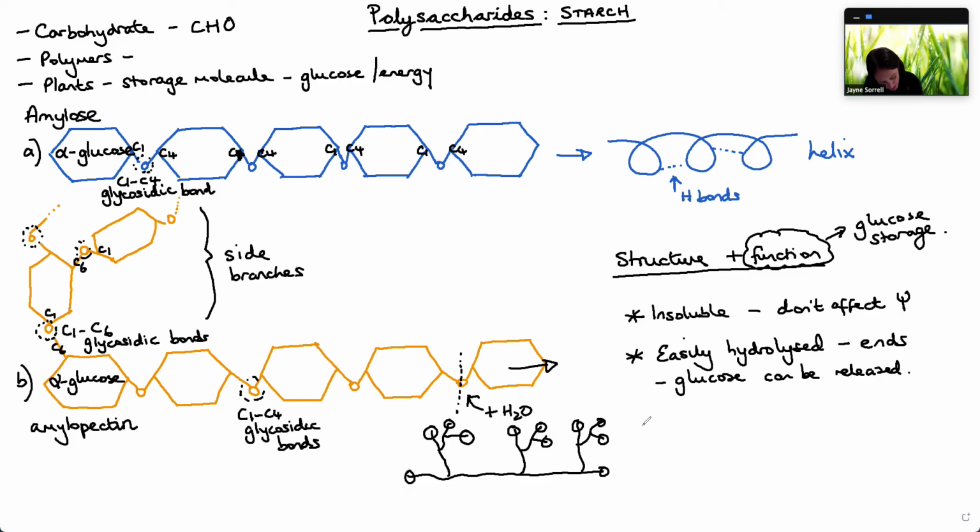And then the final answer that you might like to say is that they are quite compact. Think of amylose in this case. By coiling up that straight chain, you're squeezing lots of glucose into a small space. So lots of glucose stored in a small space.